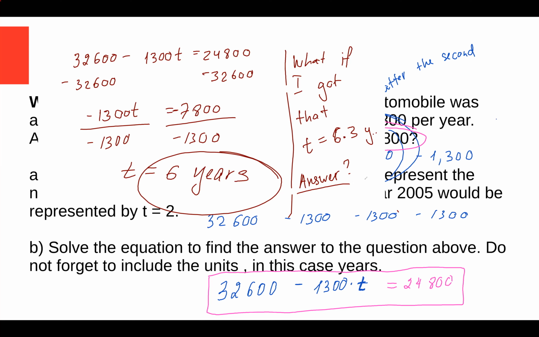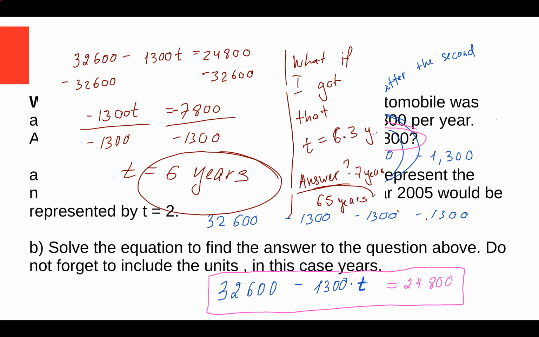Let's say we're thinking about 23,800. It will not be there yet. It will be maybe 23,900, so it's not that low yet. Therefore, the answer in this case will be 7 years. You will have to put the answer as 7 years.